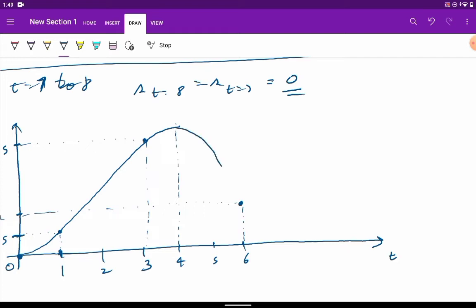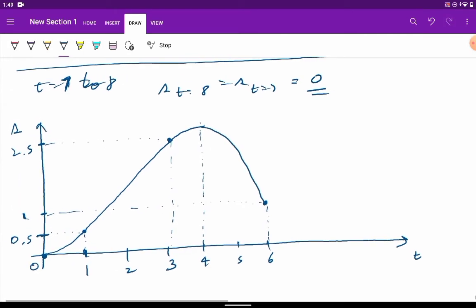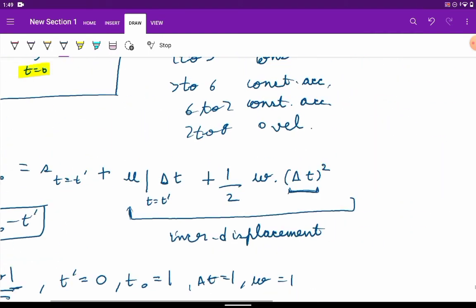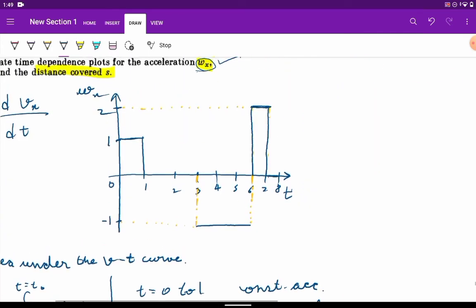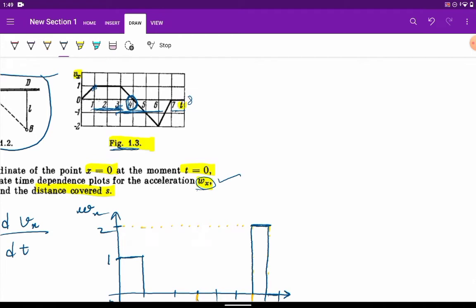So it's a parabola where the slope decreases with time, as we said. And at t equal to 6, of course, the velocity is quite negative, the slope is quite negative, which is -2. Okay, so now what happens after that?